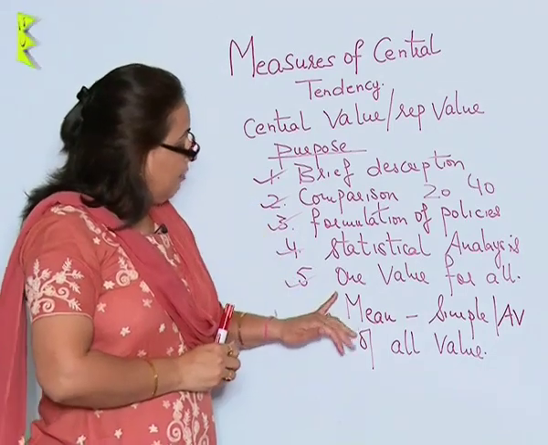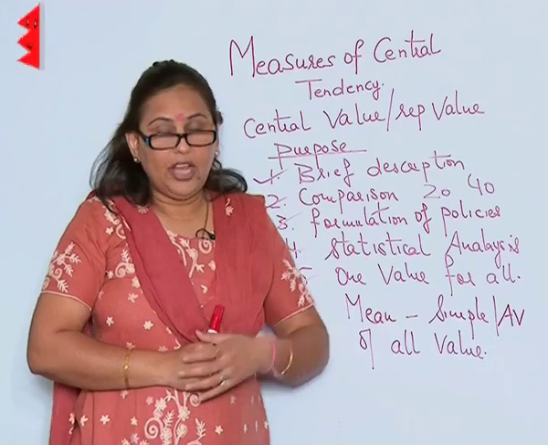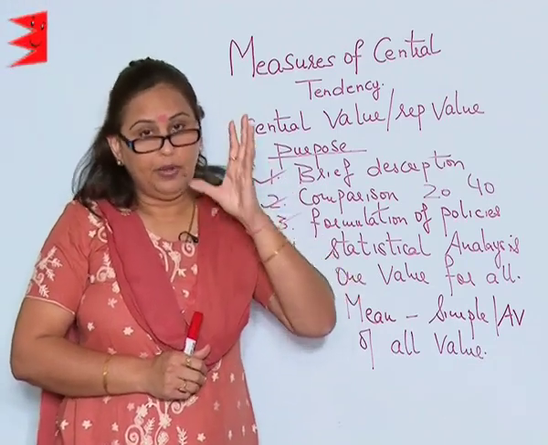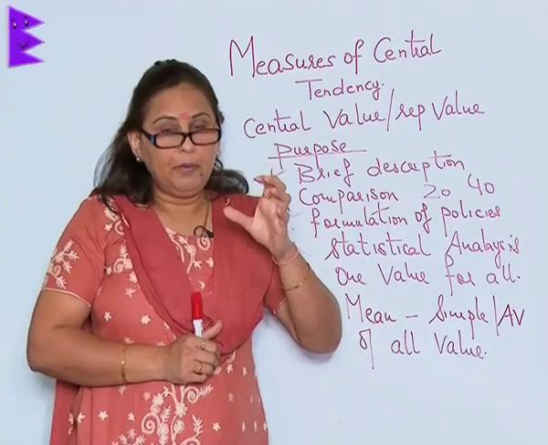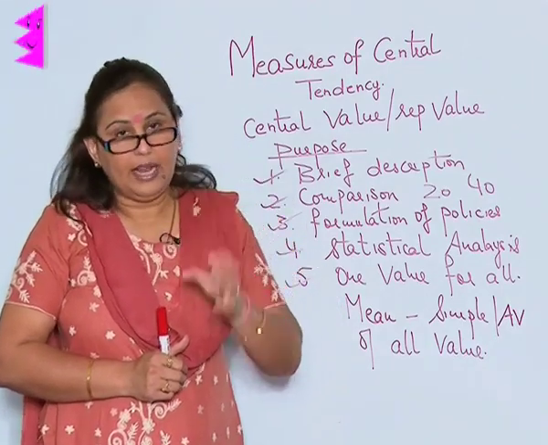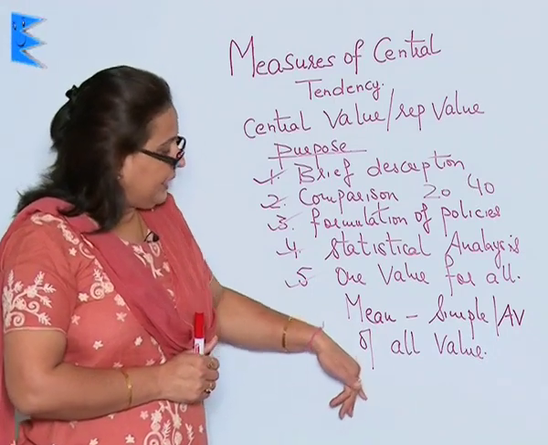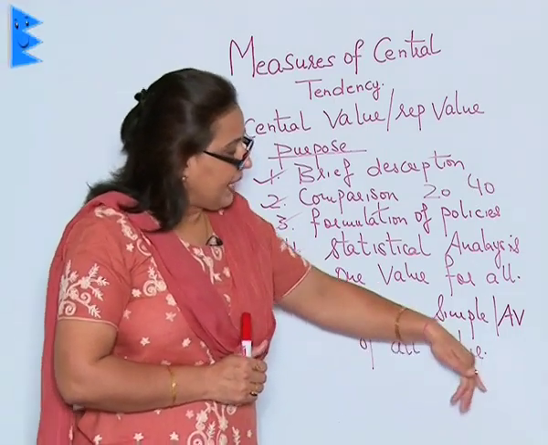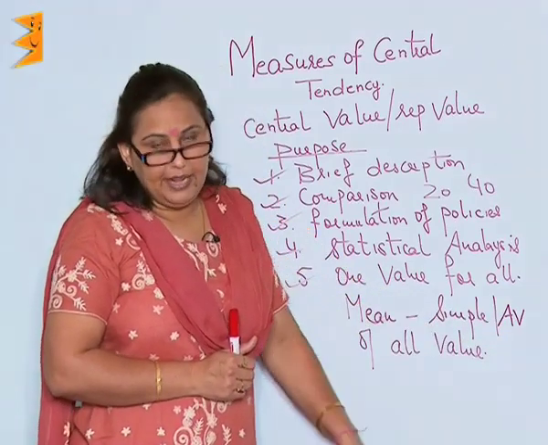When we study mean, median and mode, we shall be taking into account three kinds of series: the individual series, the discrete series and the continuous series, for all of the mean, median and the mode.